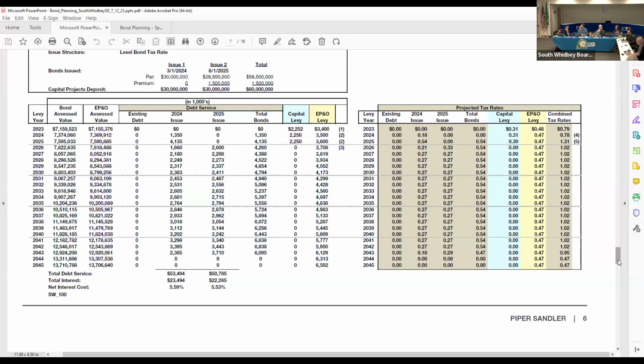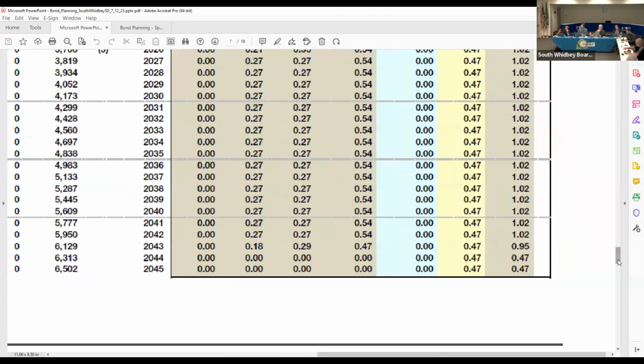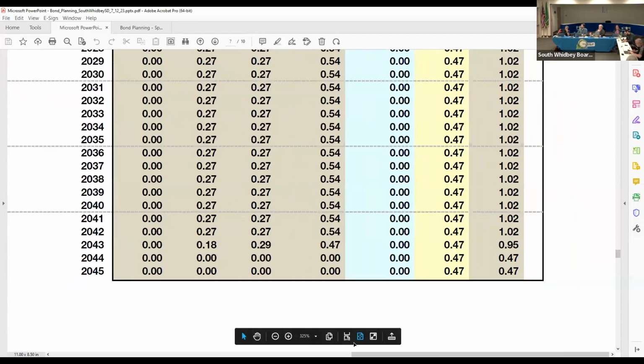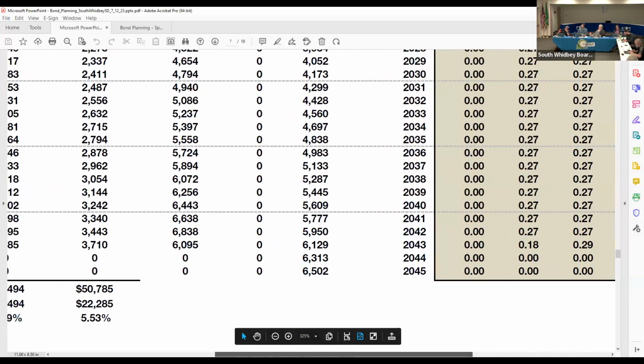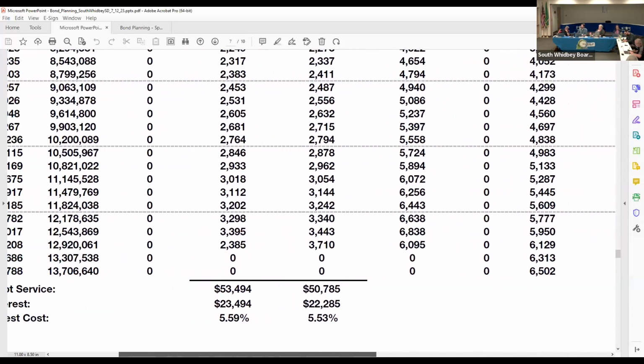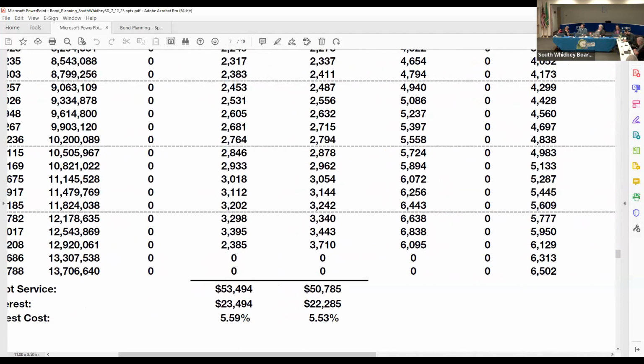Is that it down there? 5.53%. 5.59 and then 5.53 the second year. And that's assuming it's broken down over 2 issues.